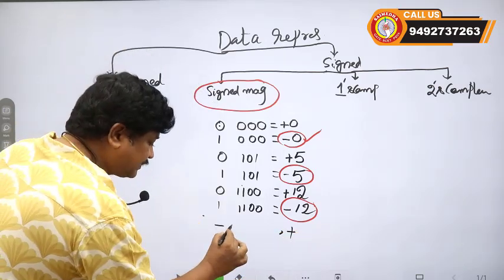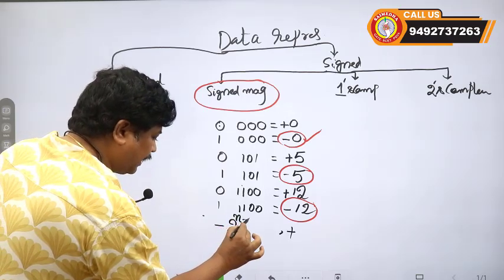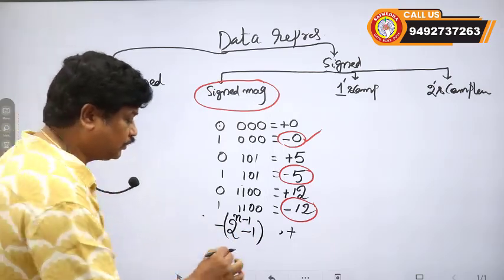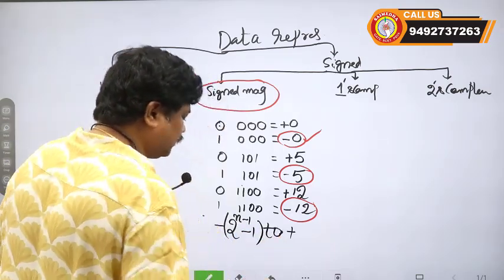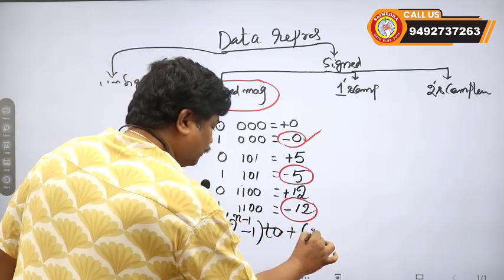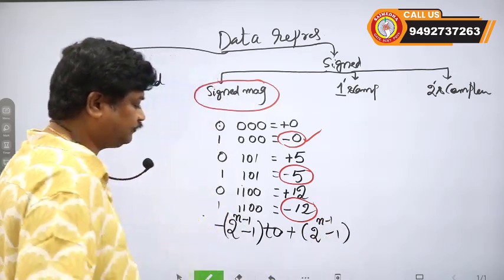For negative numbers, it is minus (2 power of n minus 1, minus 1). Be careful about this. For positive numbers, it is 2 power of n minus 1, minus 1.